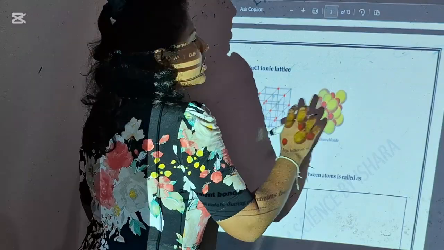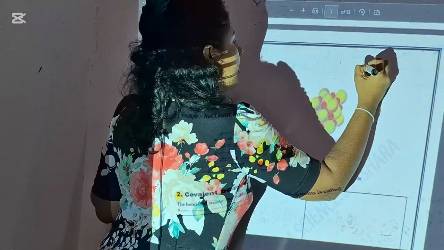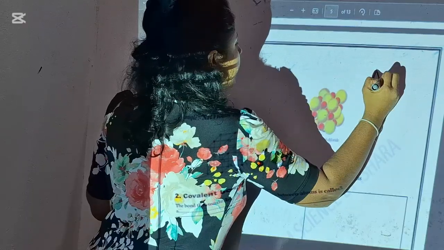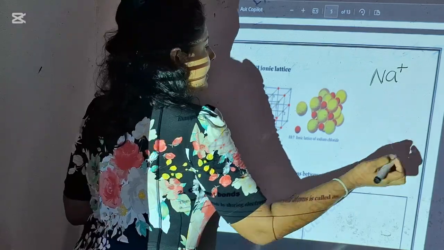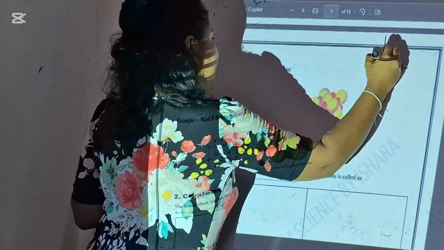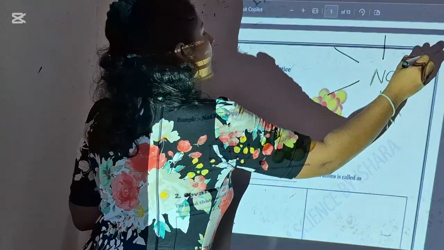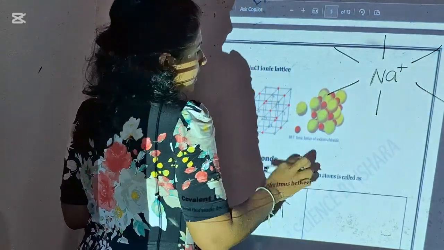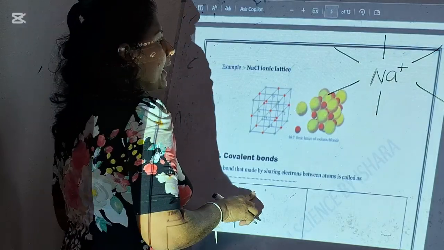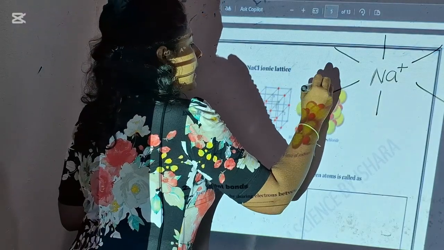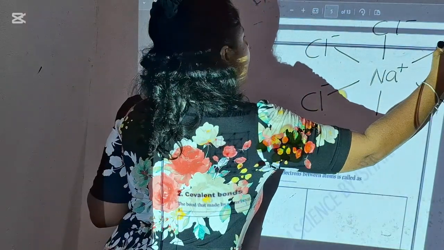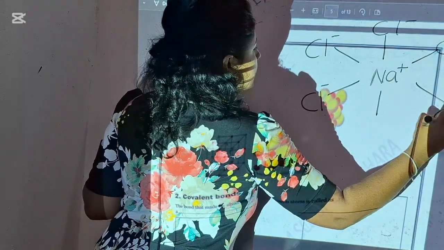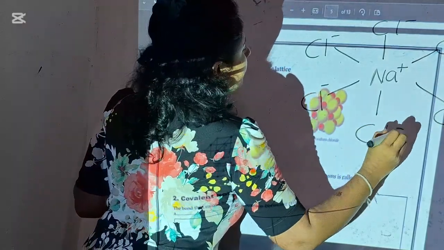In this structure, around one sodium ion, it means sodium plus, there are 6 chloride ions. Cl minus, Cl minus, Cl minus, Cl minus, Cl minus, Cl minus.